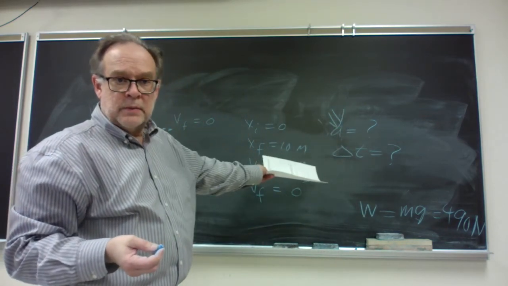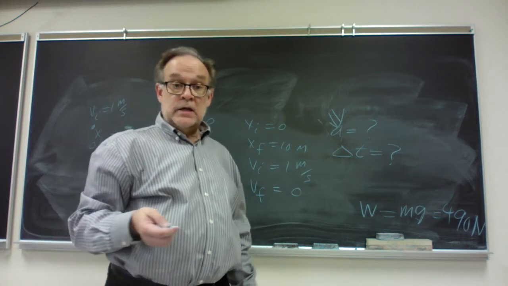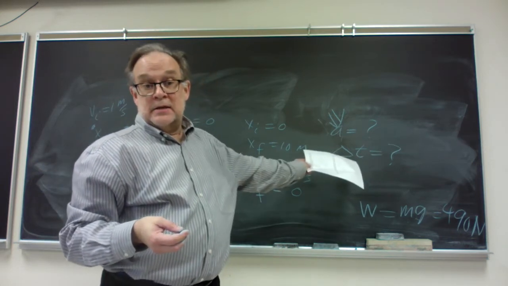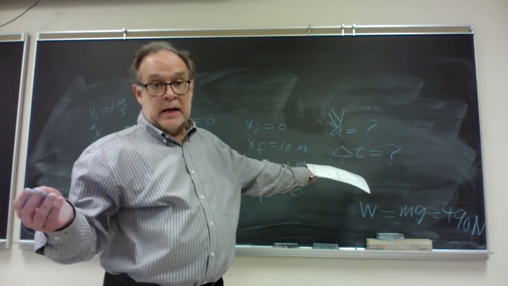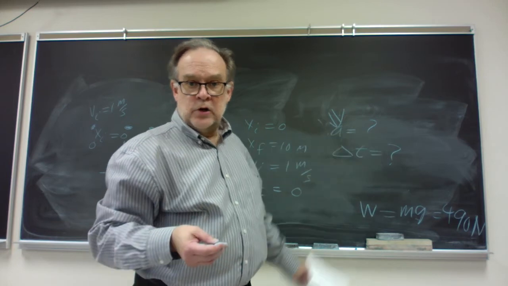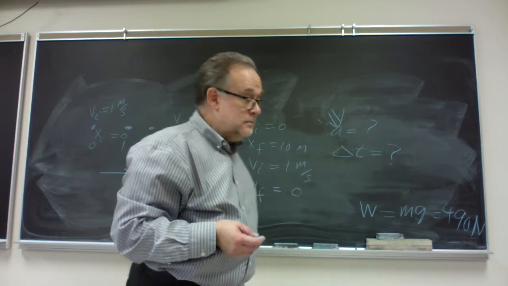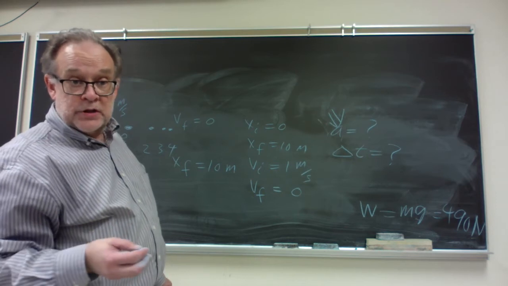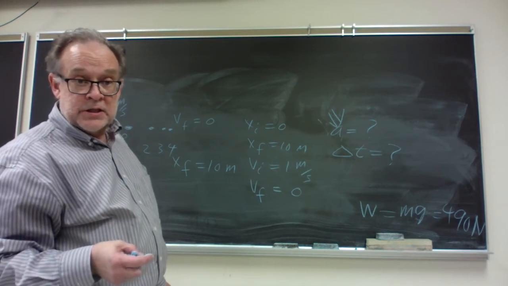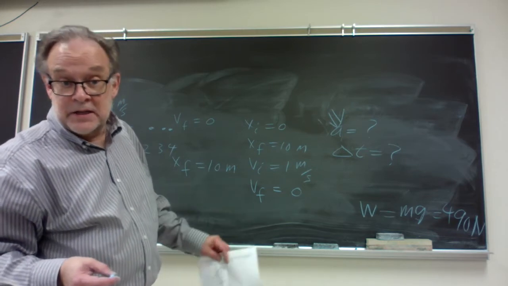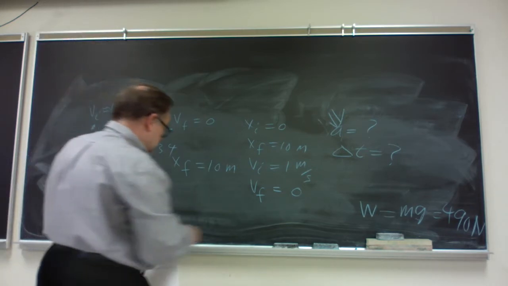We don't know anything about time, so what we need is an equation that has acceleration in it but doesn't have time in it. If it did have time in it, we'd have to figure that out first before figuring out the acceleration. And we do have one equation that will give us the acceleration when we know distance traveled but not time, and it's this one.